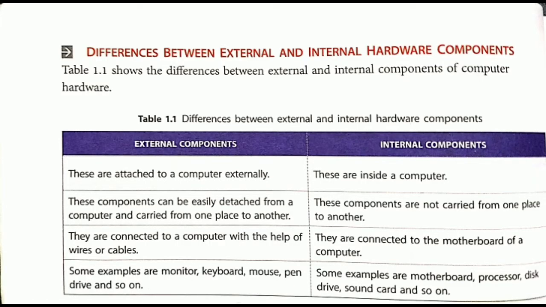The next topic is differences between the external and internal hardware components. The first difference is that external components are attached to a computer externally, and internal components are present inside a computer. Second, external components can be easily detached from a computer and carried from one place to another.